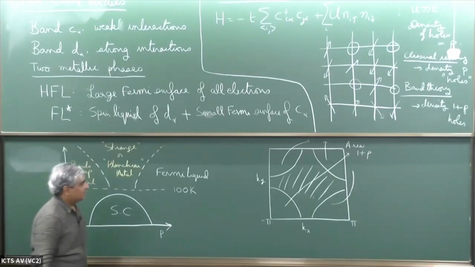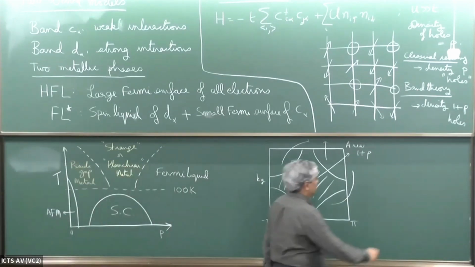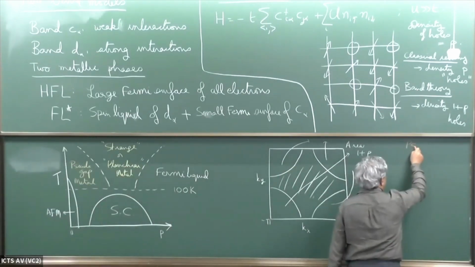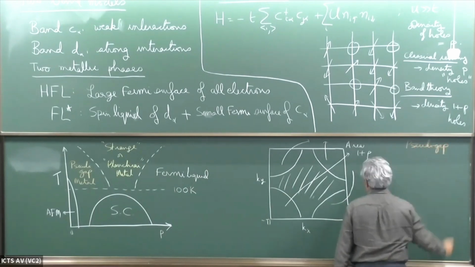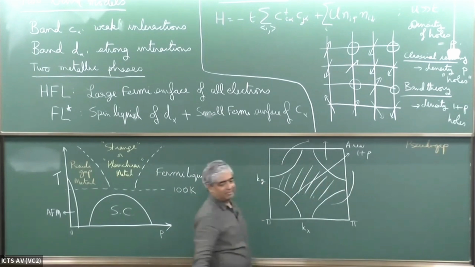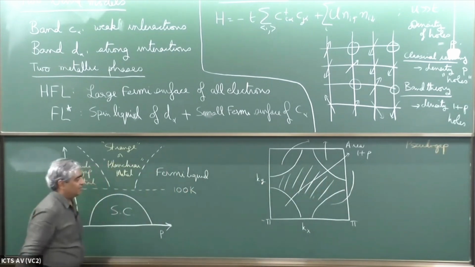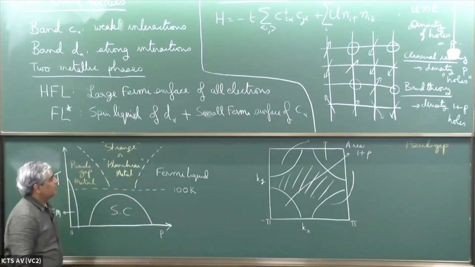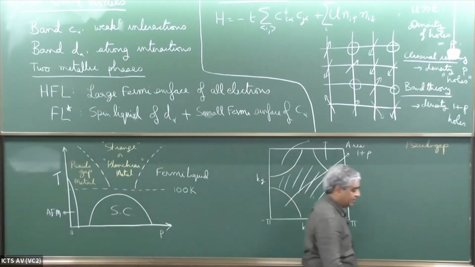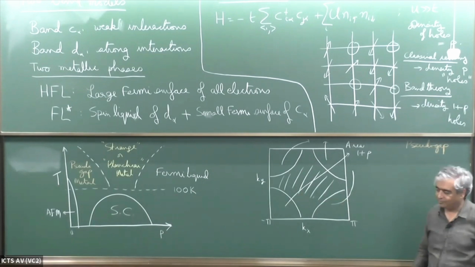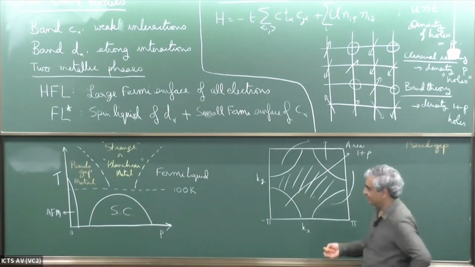So this is still work in progress, but there are a lot of experiments now. Photoemission is a bit mysterious, although there's a lot we know from photoemission too. And there have also been various angle-dependent magnetoresistance measurements and quantum oscillation measurements in high fields, and so on.